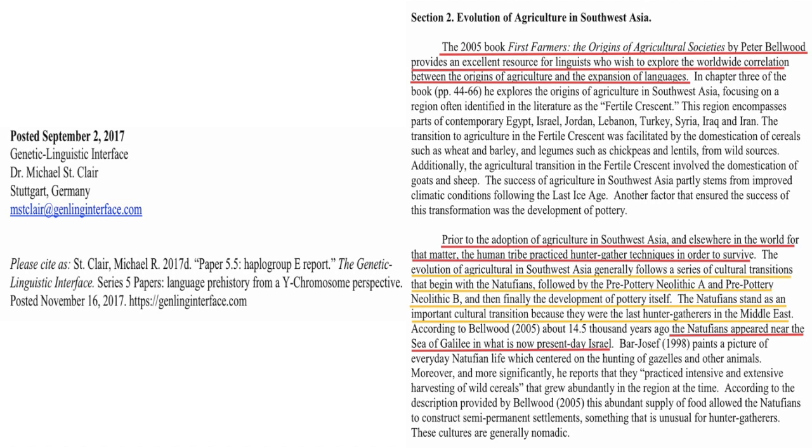The Natufians stand as an important cultural transition because they were the last hunter-gatherers in the Middle East. The Natufians appeared near the Sea of Galilee in what is now present-day Israel. So the Natufians were early farmers, early people who would begin farming.